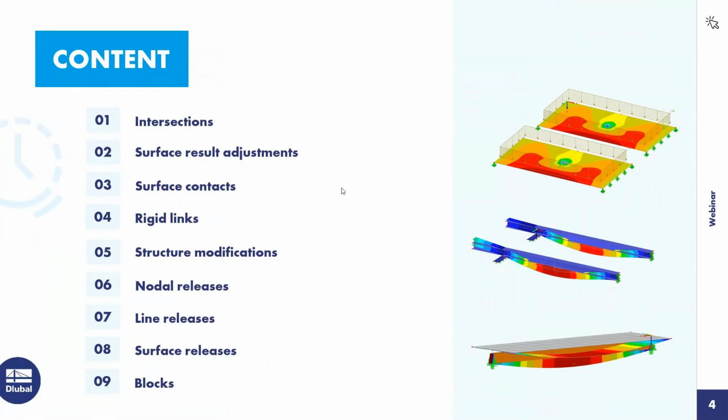In my opinion, for example, you won't use the intersection so often, but the surface result adjustments is such a feature that you will use more often. And those are the other features. I prepared a model for every feature, and I will explain the function of these features in the program.